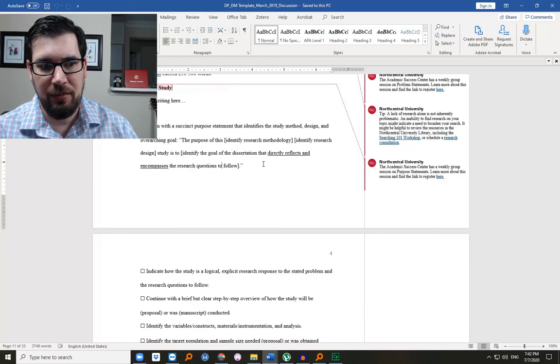You want to stay away from that and just understand perceptions of whatever it may be, phenomena, perceptions of your dissertation process. Indicate how the study is a logical, explicit research response to the stated problem and the research questions to follow.